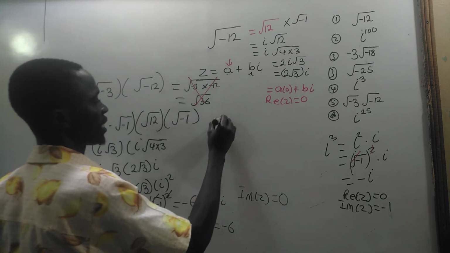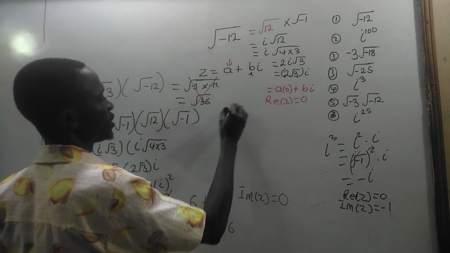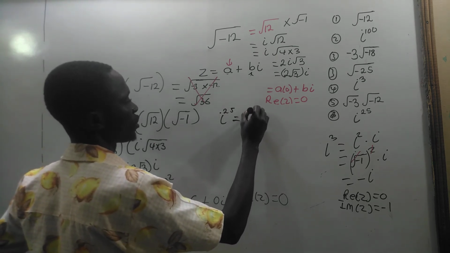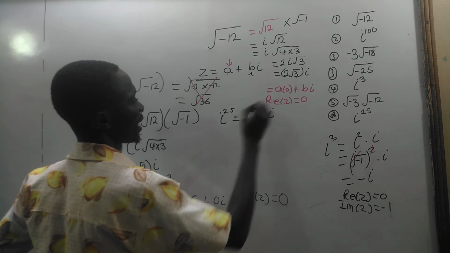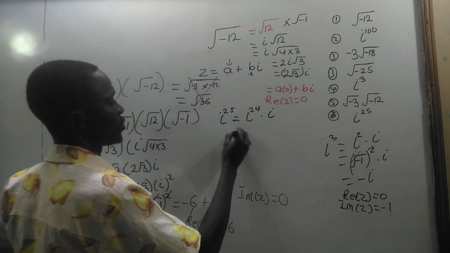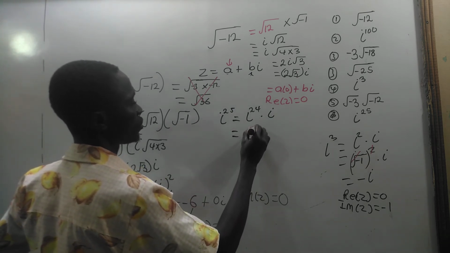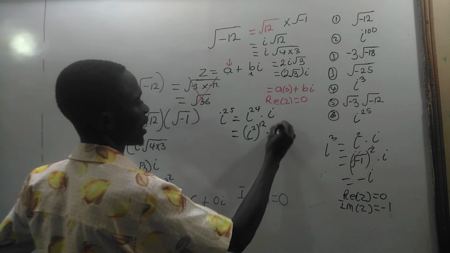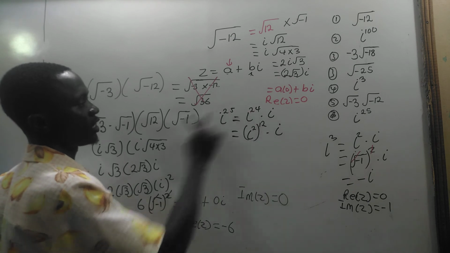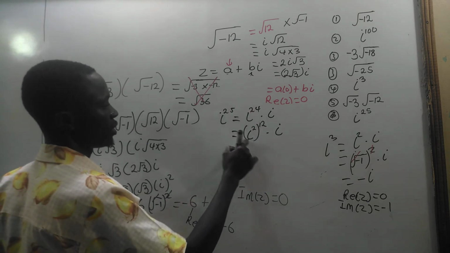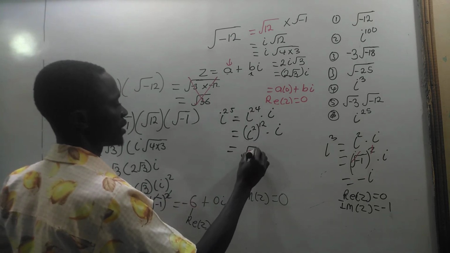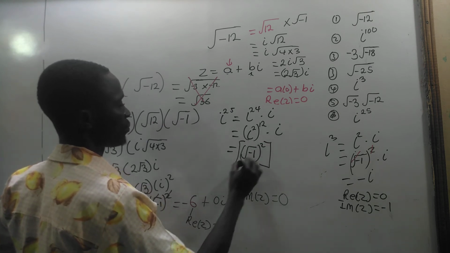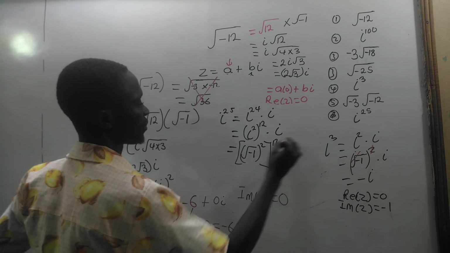Now, if we take i to the power 25, it is the same as writing i to the power 24 times i. And now we are going to have i to the power 2 to the power 12 times i, because 2 times 12 will give us 24. And we know that i is square root of negative 1. So we bring the square and we further bring to the power 12 times i.